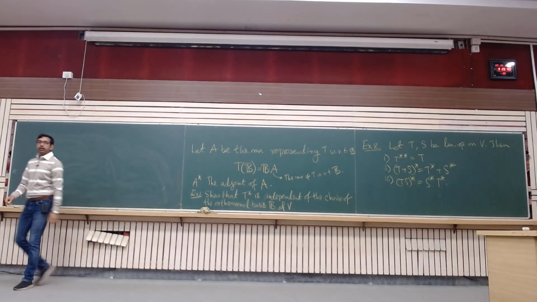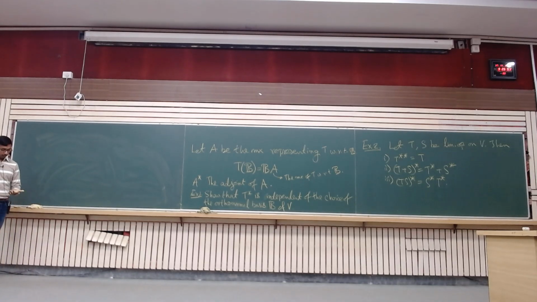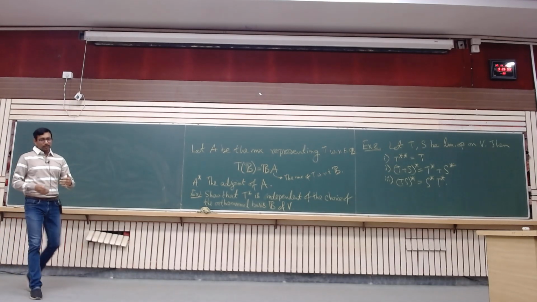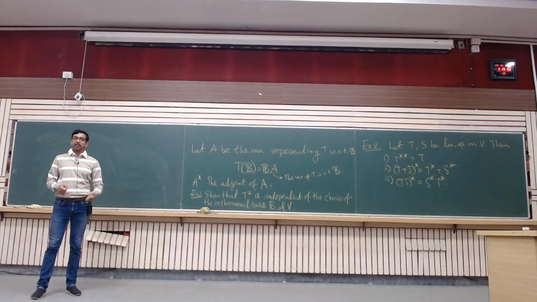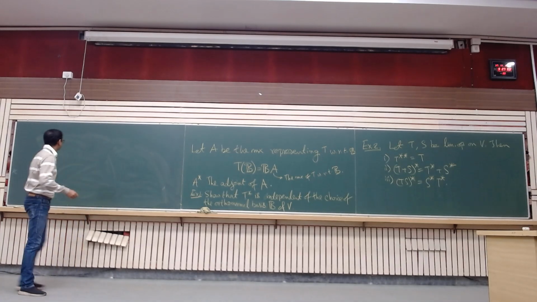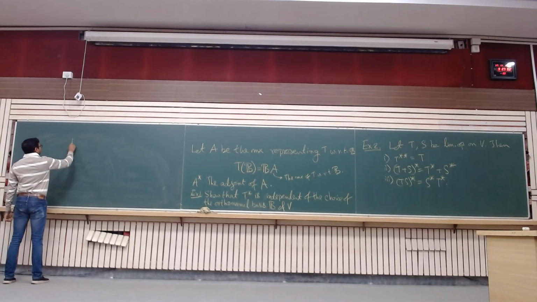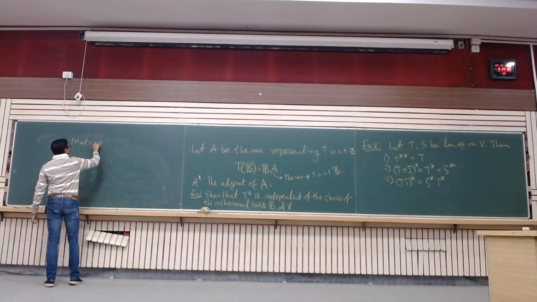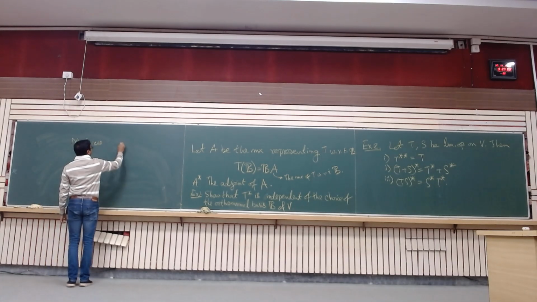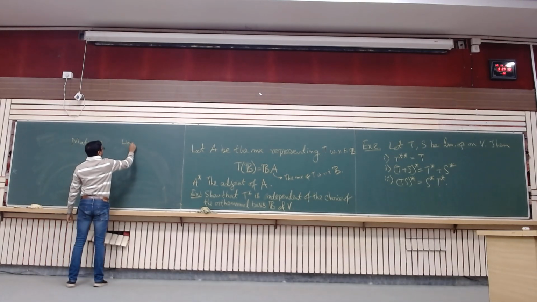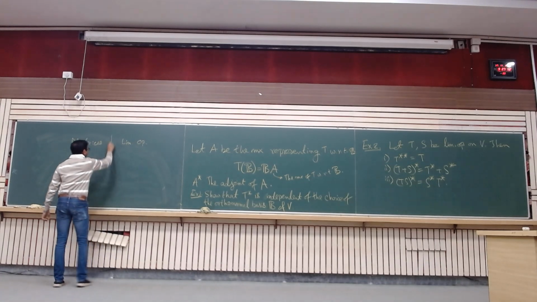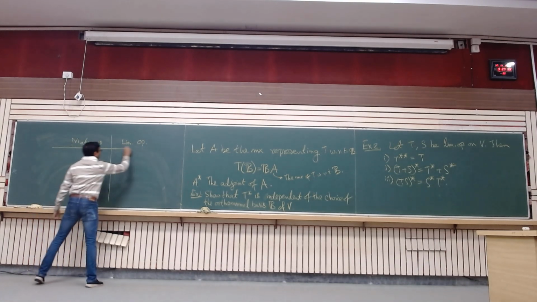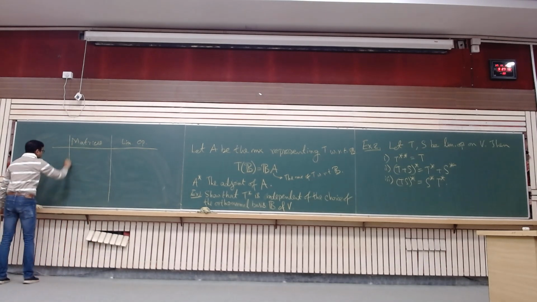Now let's recall some notions which we had for matrices, and we are going to define them for linear operators as well. So here are matrices, and linear operators, and these are the notions.